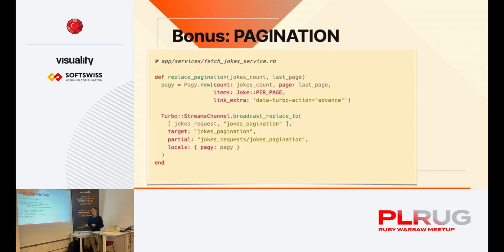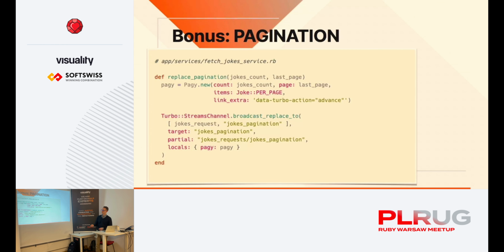We need to re-render the pagination element by providing it the pagination that was regenerated. And it depends on the tool you are using for pagination. I heard that nowadays people are using Pagy. I don't know, but in the README it says that this is the best pagination gem, so it must be true. So this is what typically you do in the controller, right?